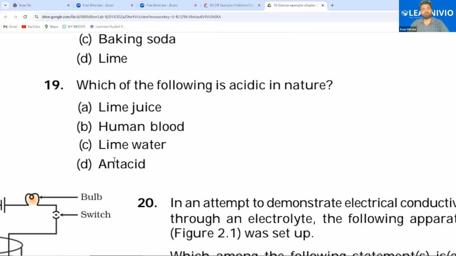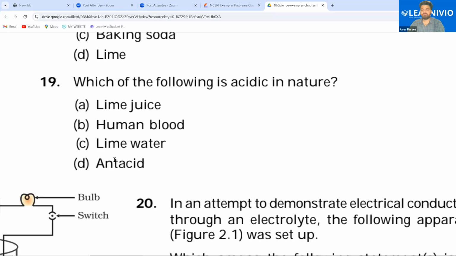Question number 19: lime juice is acidic in nature.